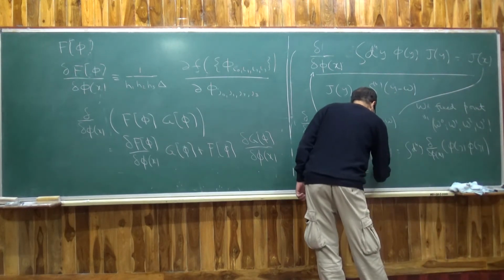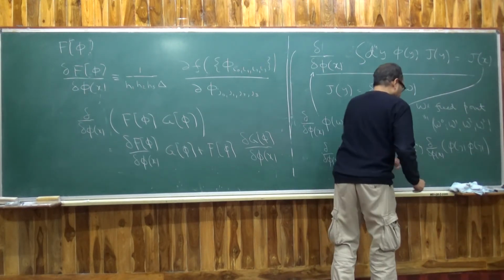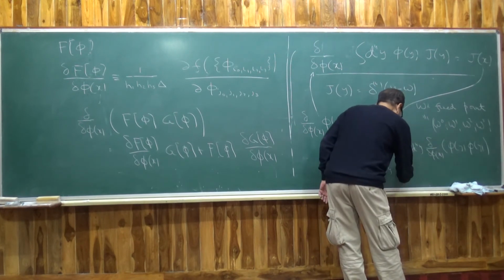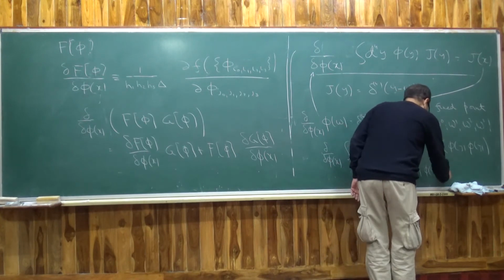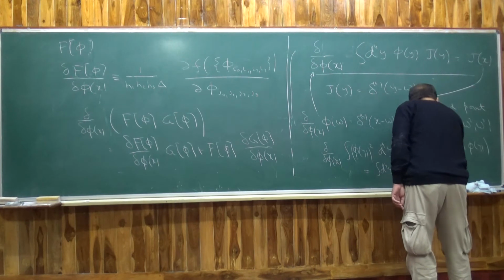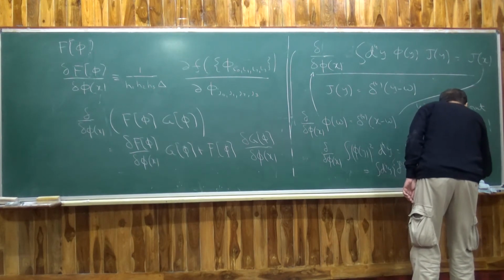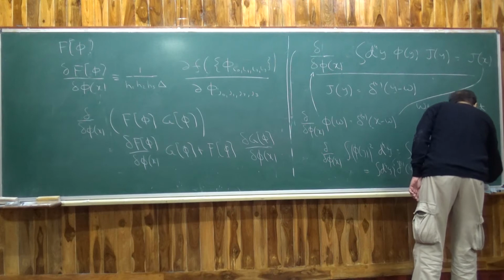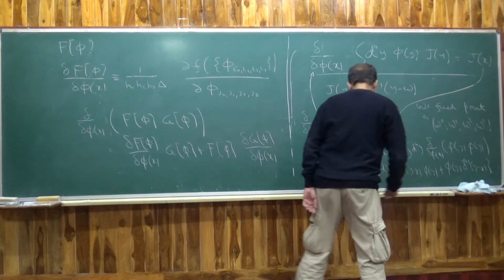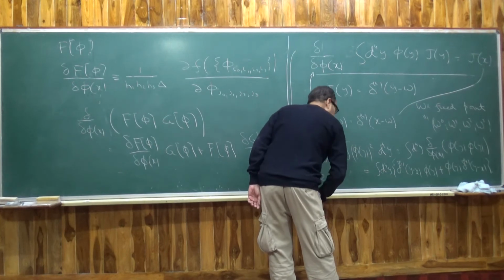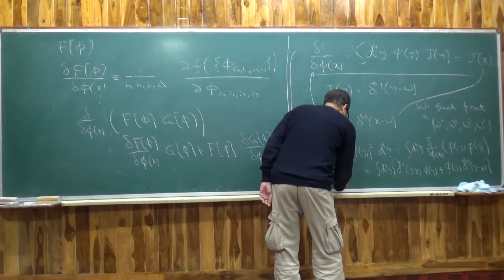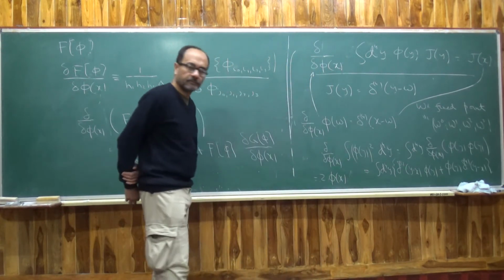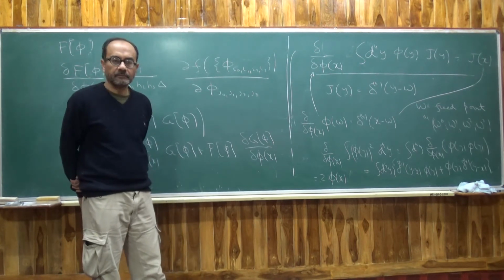The first one will give you delta 4 of y minus x times phi of y, plus phi of y times delta 4 of y minus x. So this is nothing but 2 phi of x. Is that clear?